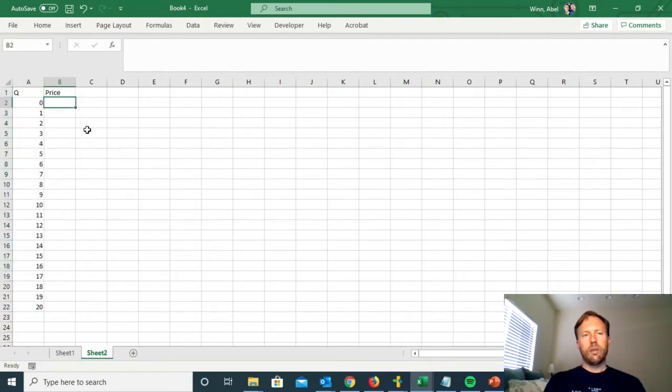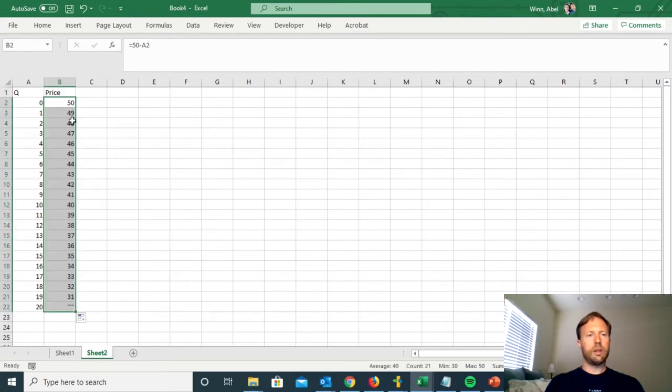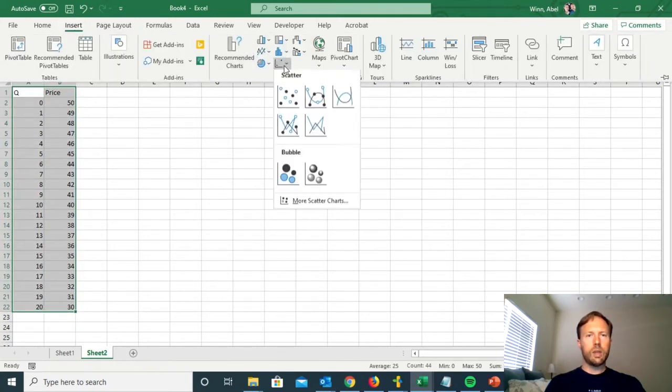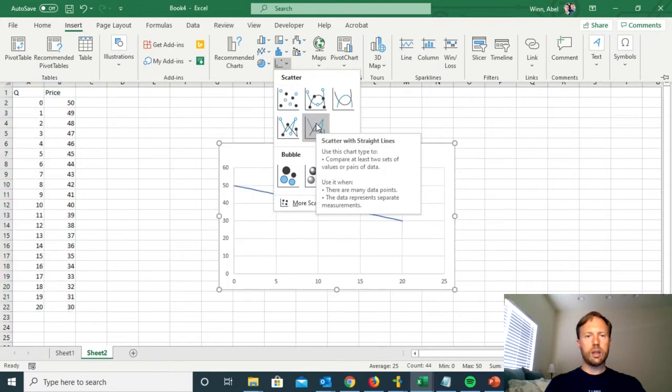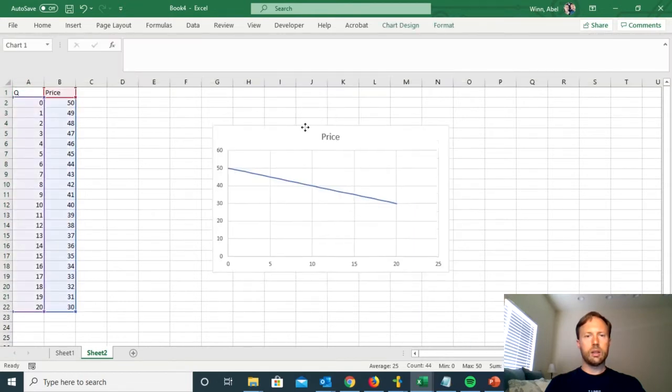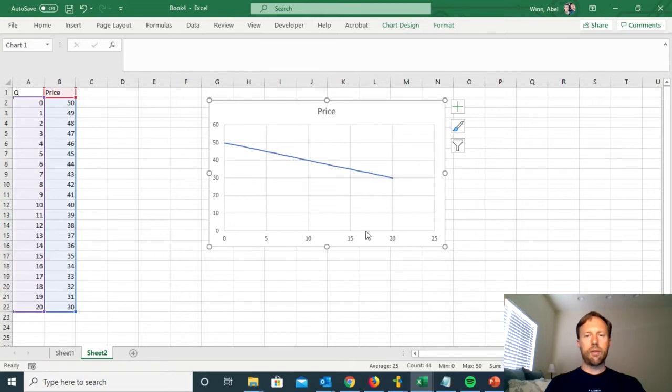A demand curve that is equal to 50 minus quantity is going to look something like this, right? It's going to drop by 1 on each transaction. So if we inserted a graph of this, that would be our demand curve. It's downward sloping like so.